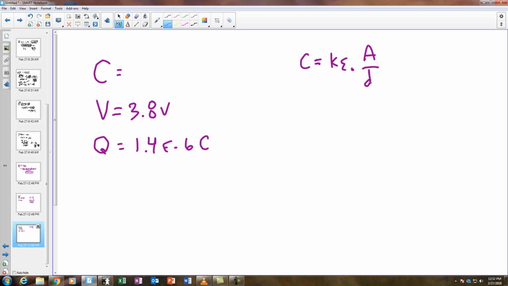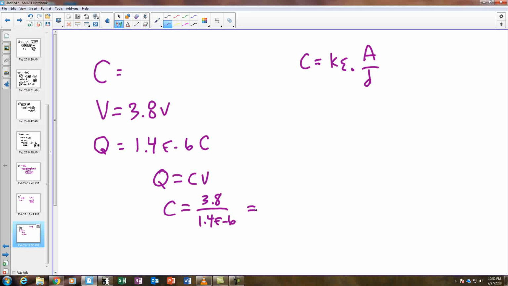So if I don't give you everything for Q and V, expect to use that other formula. But here, it is really straightforward. So Q equals CV. So C would equal my voltage of 3.8 divided by 1.4 E negative 6. Which again, I'm just going to grab my own calculator and throw those numbers in. 3.8 divided by 1.4 E negative 6.